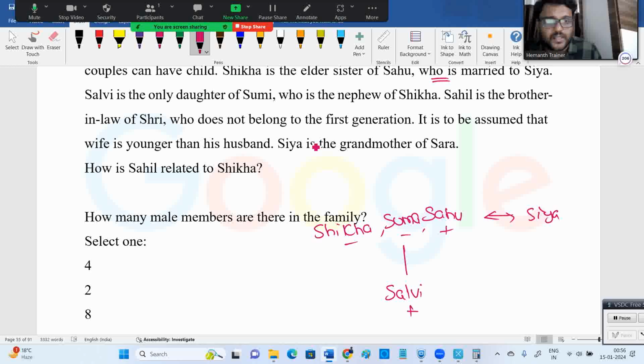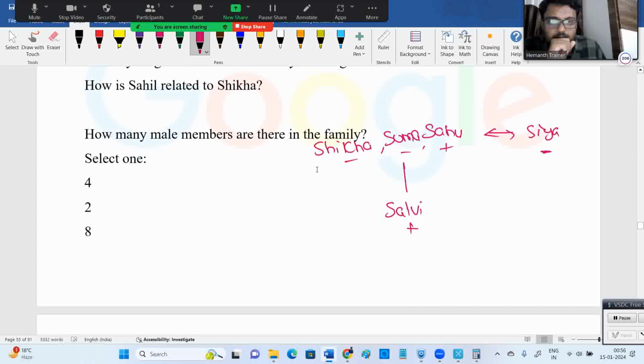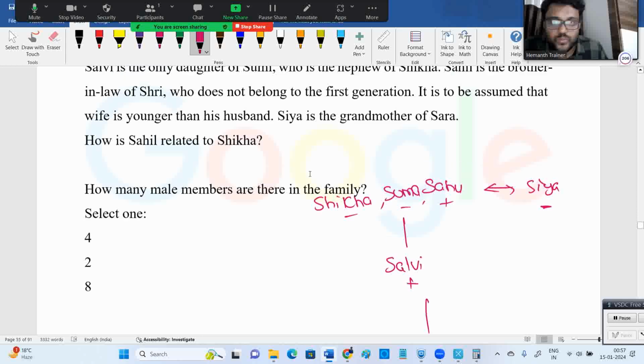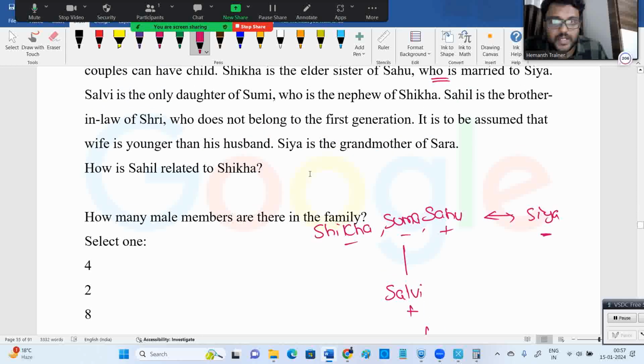Sia is the grandmother of Sarah. For Sarah, Sia is the grandmother. So there should be some more here. Sarah should be here, maybe for this couple or this couple, right? So friend Salvi may be married to Sahil, who is the brother-in-law of Sri. Brother-in-law means spouse's brother or sister's husband.